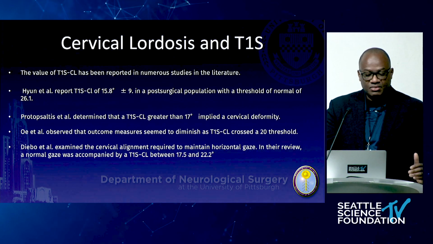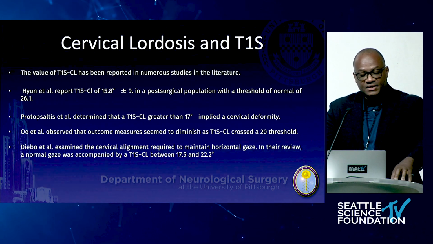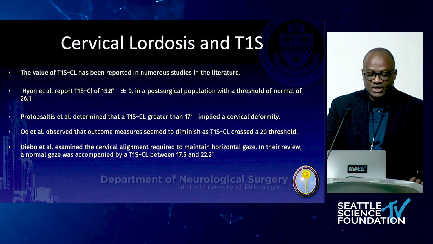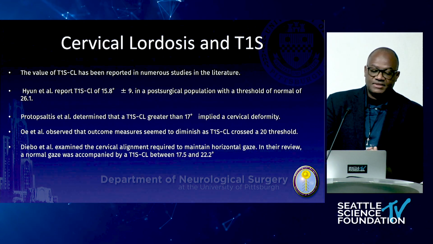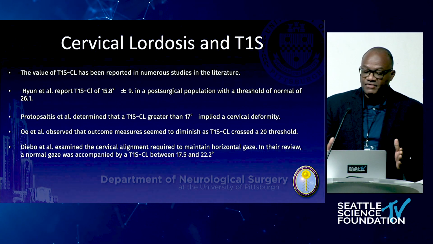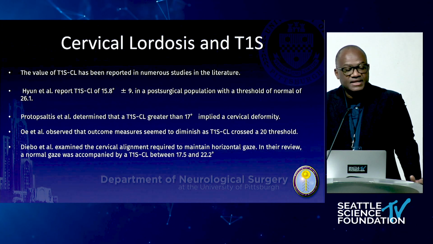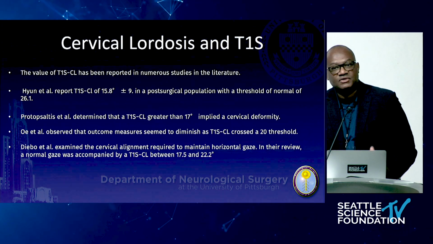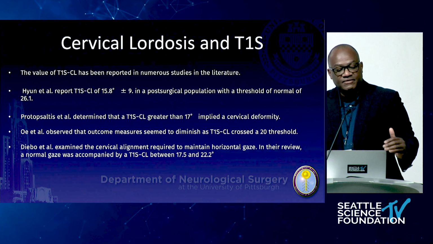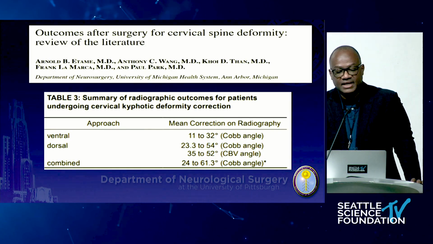You have to consider global alignment, which typically affects the regional alignment as well. We know that the T1 slope lives in a very tight range of about 17 degrees. Anything bigger than that, you have to plan for a difference in your cervical lordosis to maintain physiological alignment.